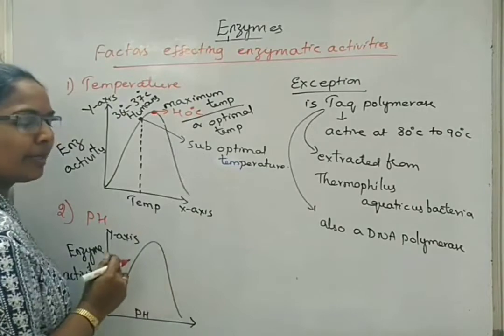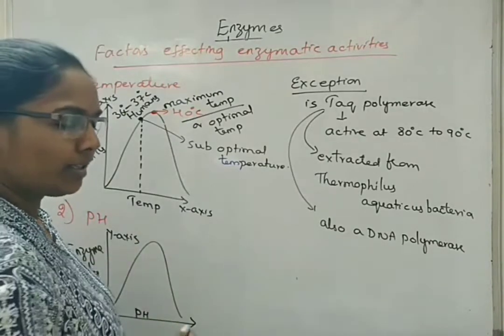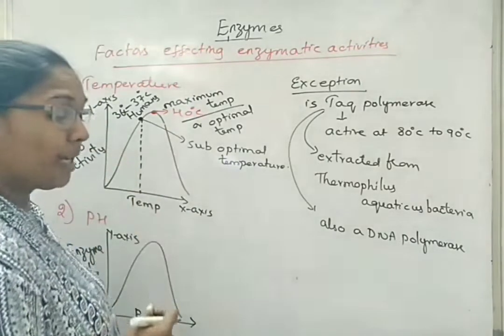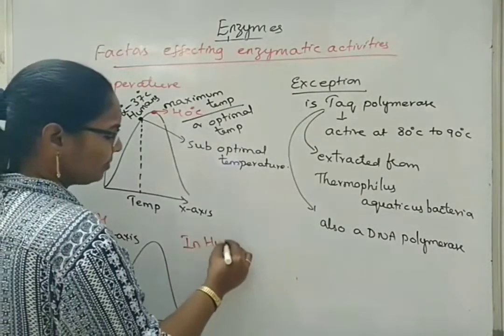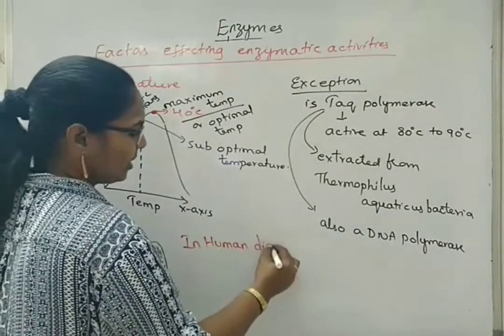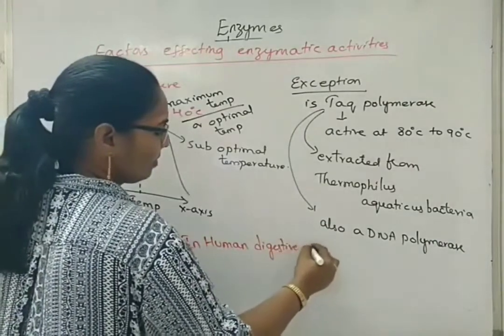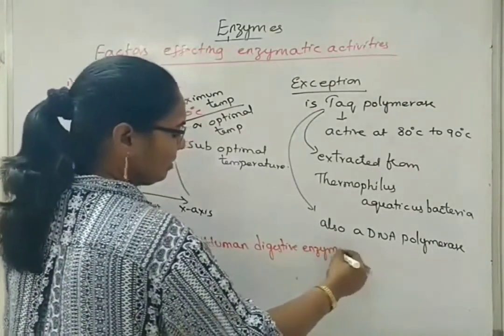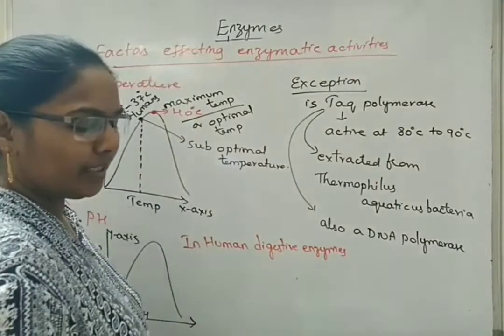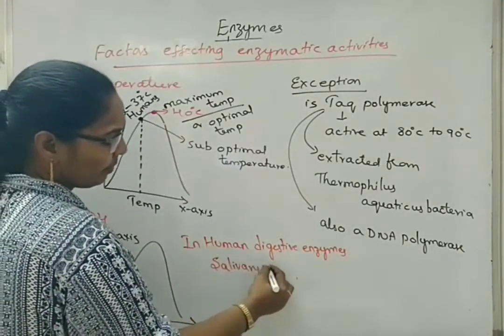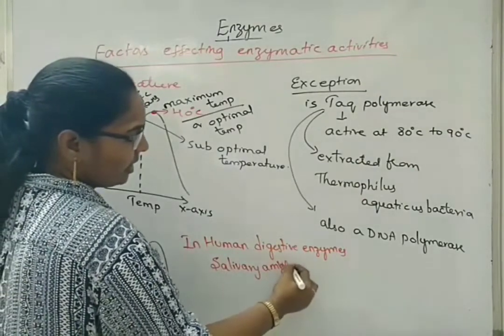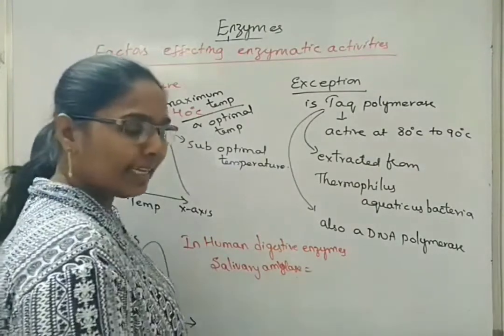pH. There are many secretions in our body, digestive enzymes, and all of them have different pHs. In human digestive enzymes, we will see the pHs of different types. One is salivary amylase, also called ptyalin.